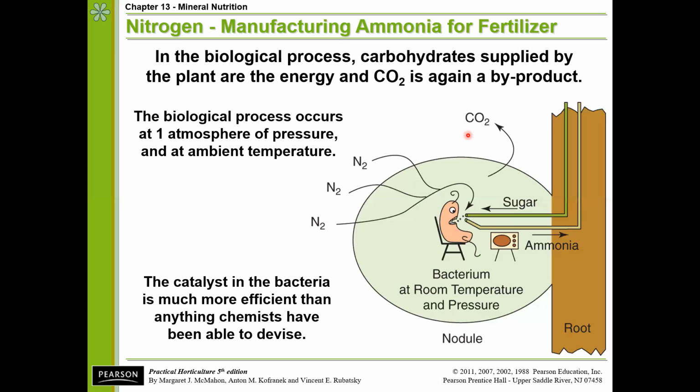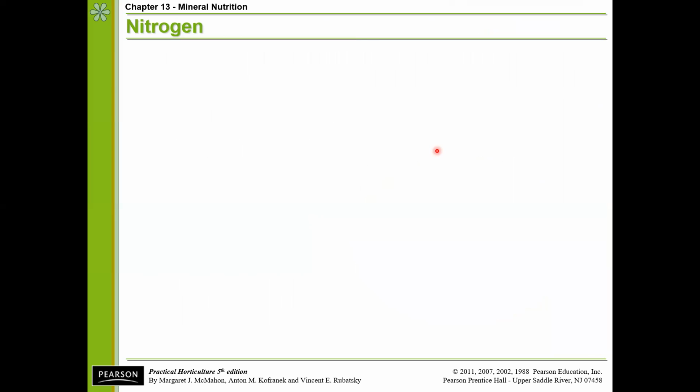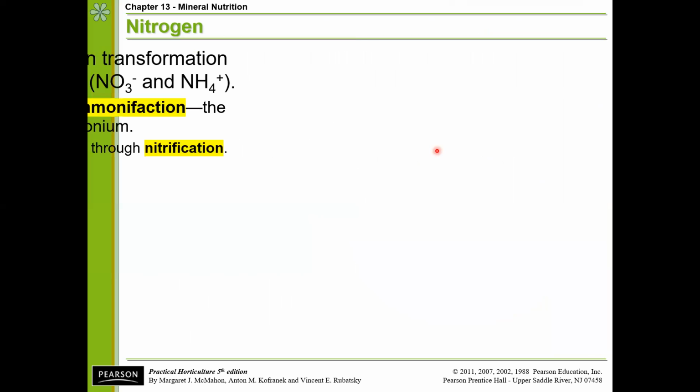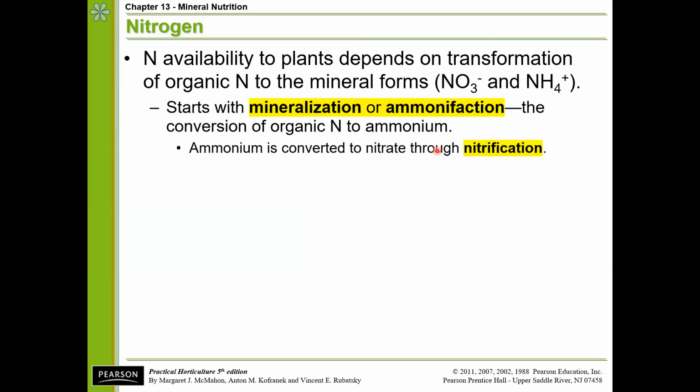In both of these processes, carbon dioxide is a byproduct. But in the case of nitrogen fixing bacteria in the soil, carbon dioxide is released into the soil rather than into the atmosphere. So nitrogen availability is the transformation of nitrogen in its gaseous form or in the mineral forms in the soil.